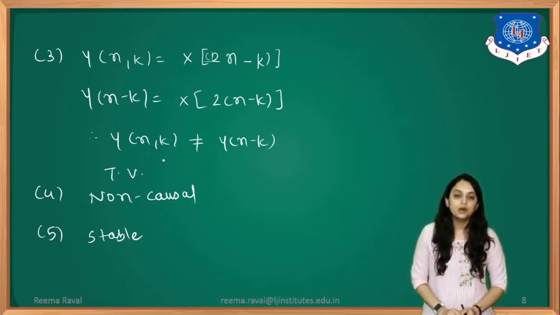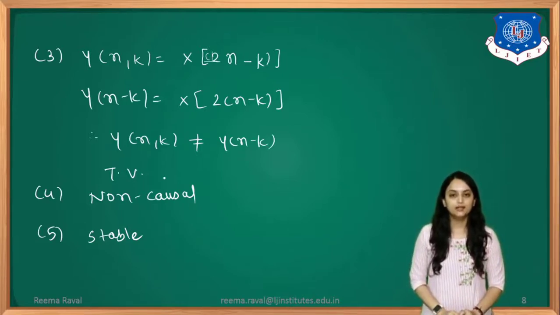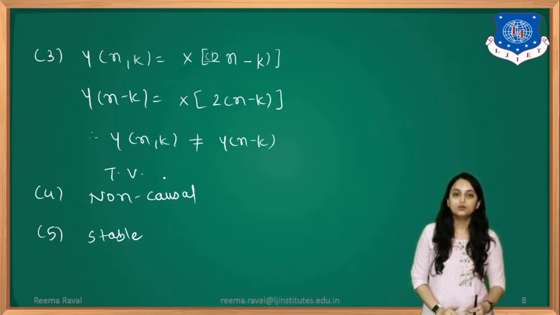Now fourth one, whether the system is causal or non-causal. Here in this function, we have x of 2n, and as we checked for the static and dynamic system, it depends on the future values.